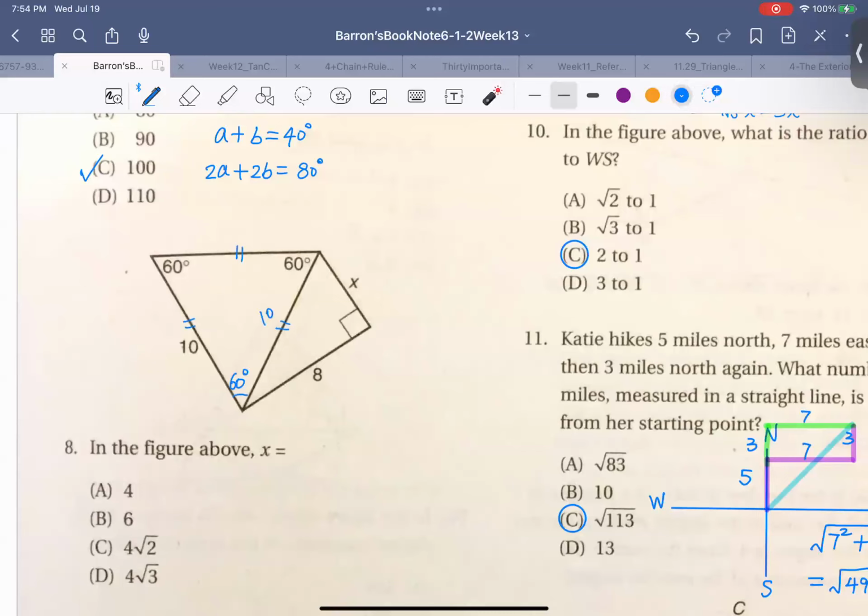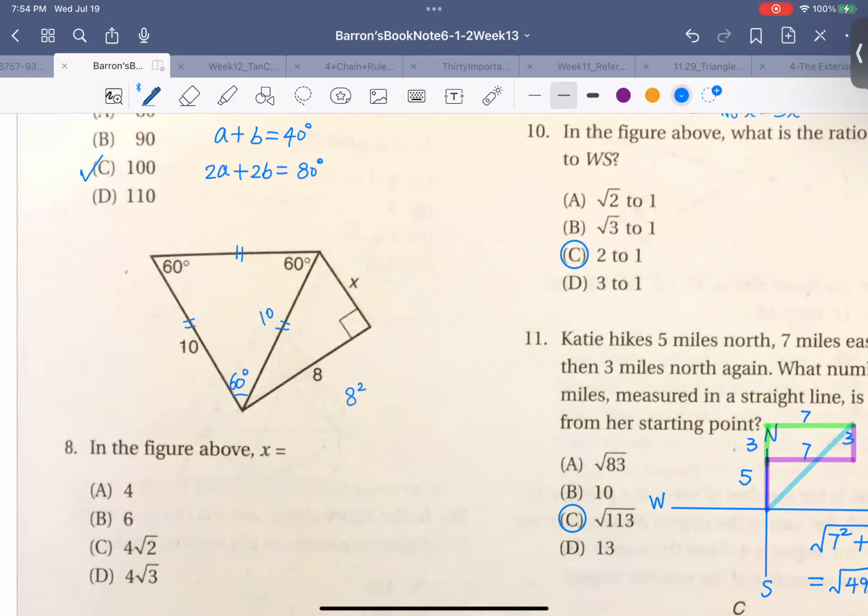Do we remember the right triangle Pythagorean theorem? The right triangle, the longest side squared will be the two short sides squared, summation. Can you remember? A squared plus B squared equals C squared. Yes.